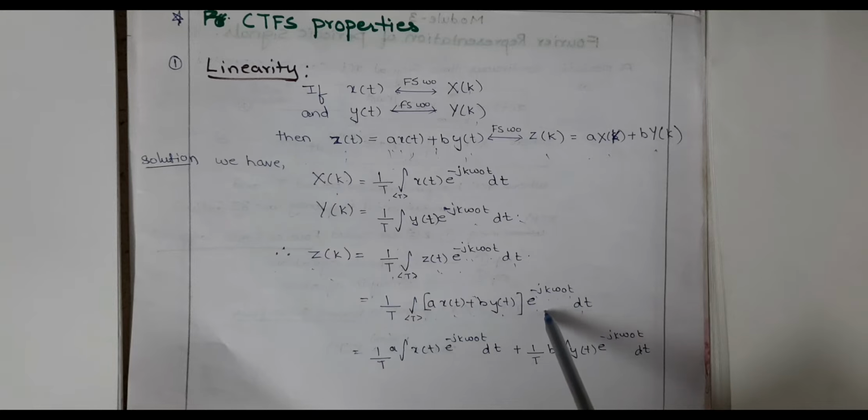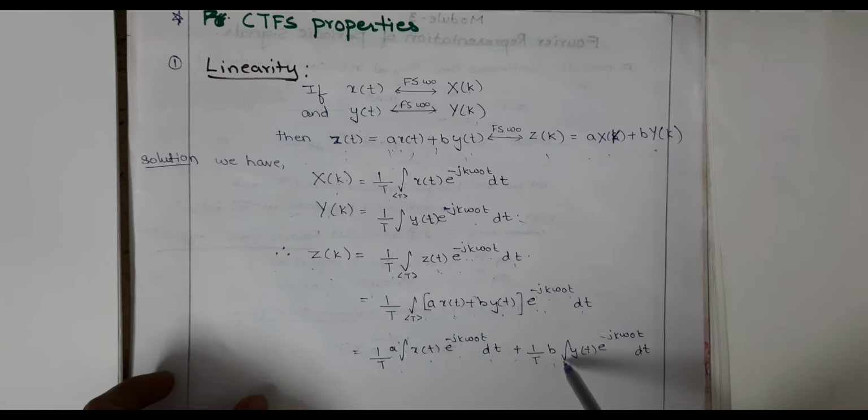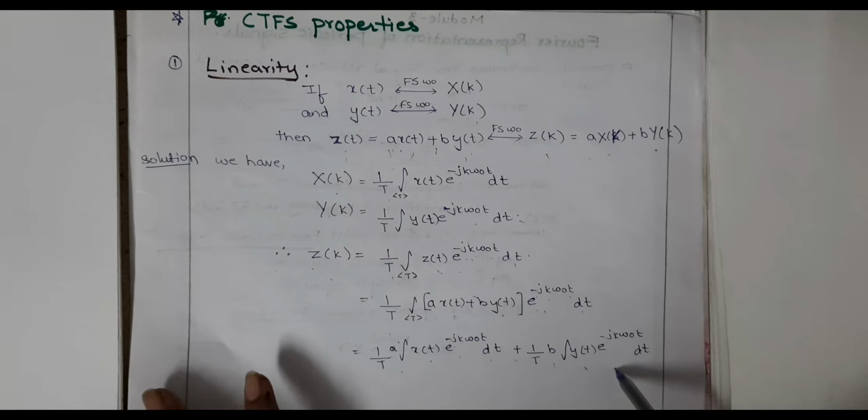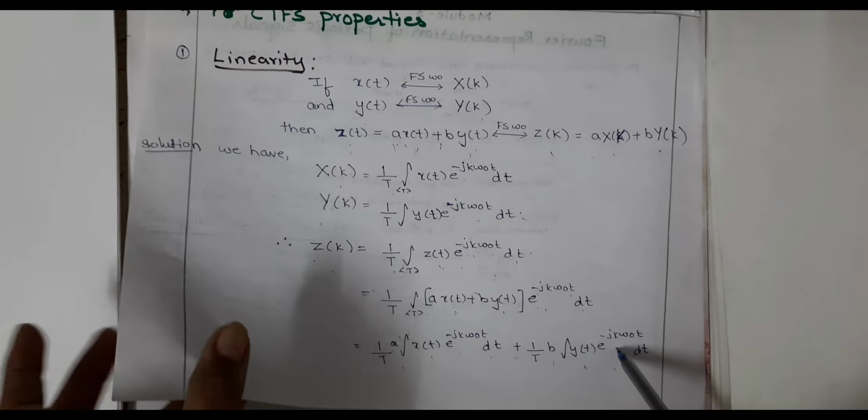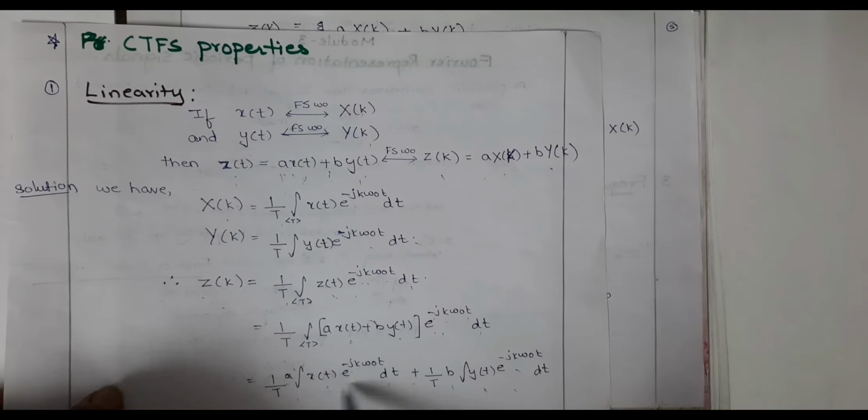So we'll multiply this exponential term inside. a is a constant, we'll take outside, and 1 by T integration x(t) e^(-j k omega naught t) dt, plus 1 by T into b integration y(t) e^(-j k omega naught t) dt.